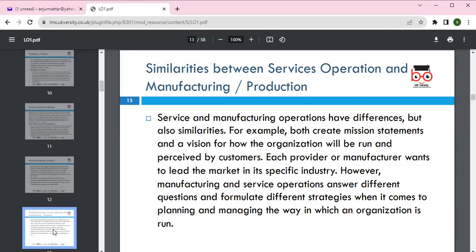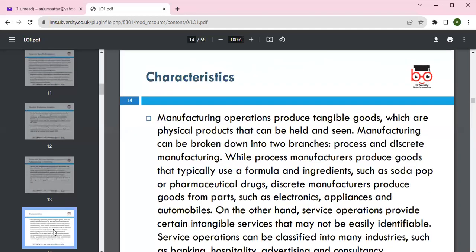However, they need to answer different questions and formulate different strategies. It comes to planning and managing the way in which the organization wants to operate. Characteristics we have in managing the operations, we can look around tangibility. Manufacturers can be broken down into branches: process and discrete manufacturing, where we can look around formulas and ingredients, like soda pop or a pharmaceutical company. The processes can be different, and we have to follow them.